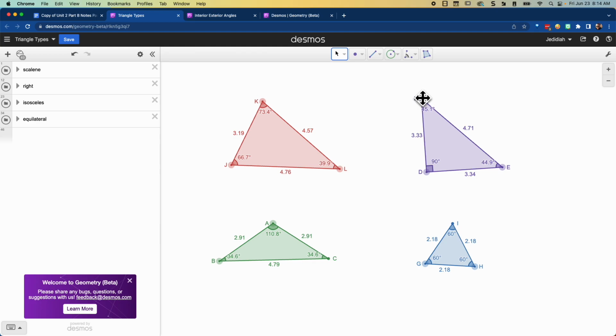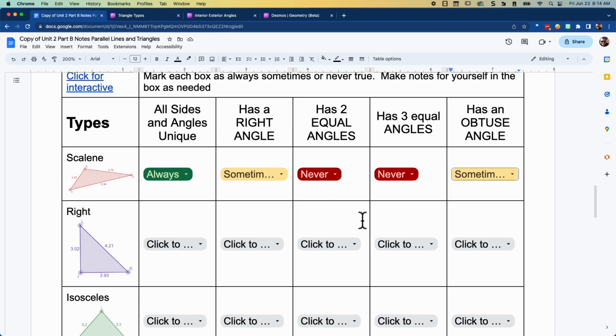Oh, it's really hard to get it exact. But really, if it was 45, 45, then those would be split exactly, and these two sides would also be split. So for a right triangle, all sides and angles unique? Well, sometimes, because I can make those two angles 45, and then those two sides would also match as well.